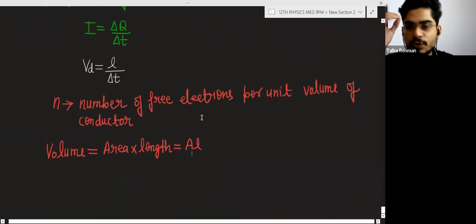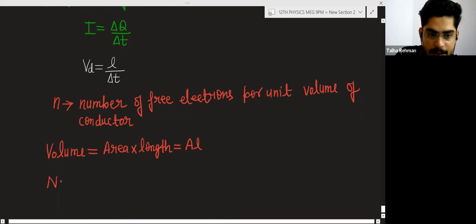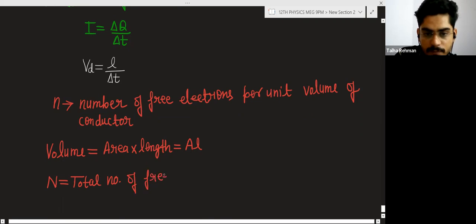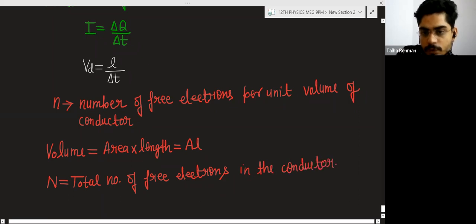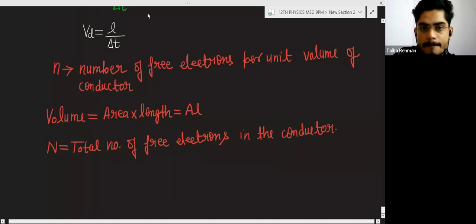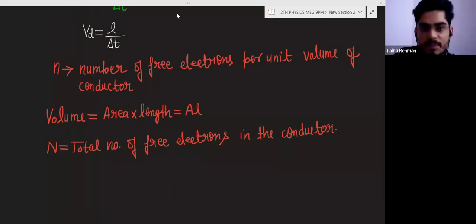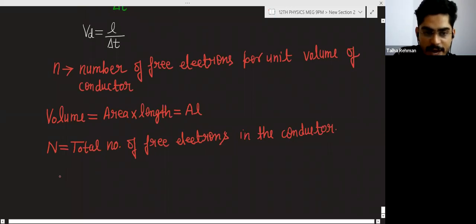So if you want to find the total number of free electrons in the conductor, N, then it is the number of electrons per unit volume into the total volume.